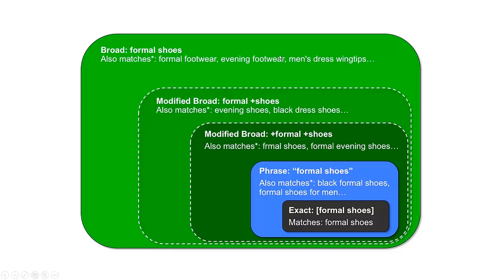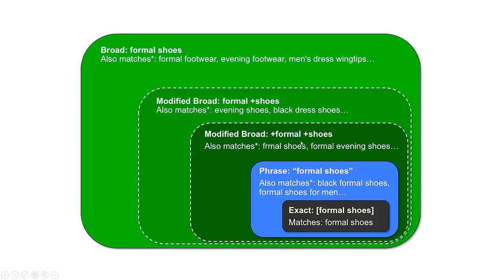Then we move to modified broad match, where you have the plus symbol involved, and this is one with just a single word that has a plus, or if you want to go tighter still, you put pluses in front of all of the words, and I should add, I usually always do this one. Make sure, and I saw this example, a friend of mine at a digital agency I worked at showed me a client's campaign, and he was putting the plus symbol without a space between them.